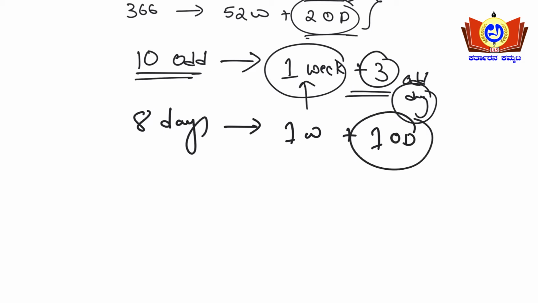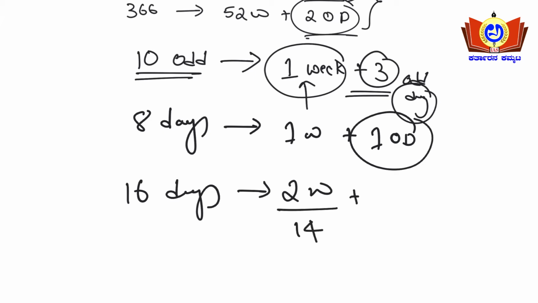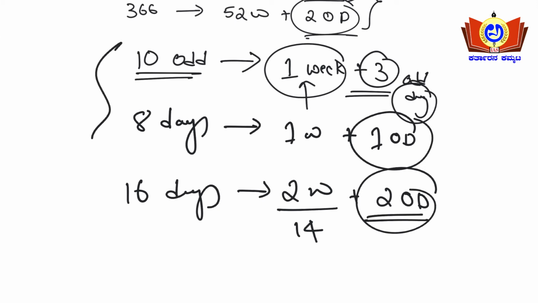Similarly 16 days means 2 weeks, that is 14 days, plus 2, so 2 odd days will be there. Yes or no? You need to understand how to deal with the odd days here.